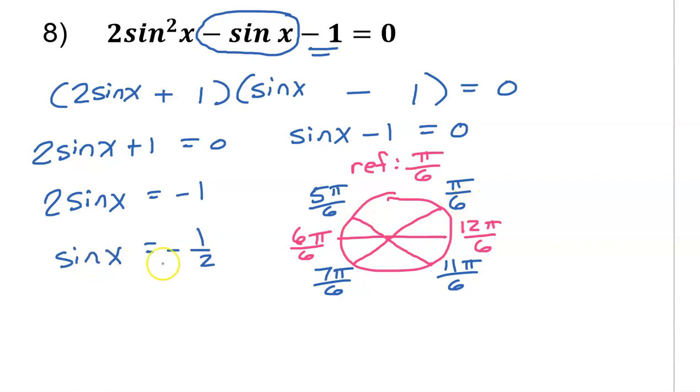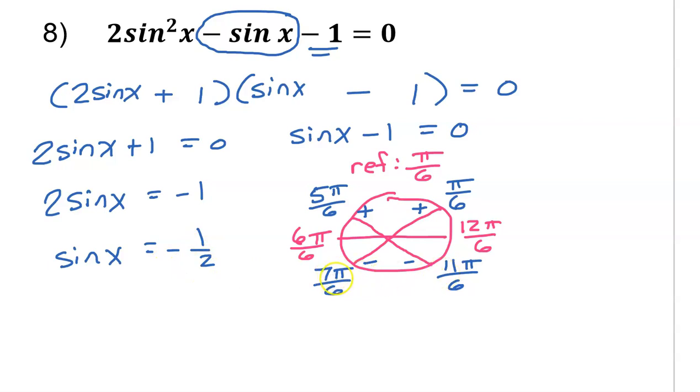So the sine of any of these angles will be 1/2. It's just that in the first quadrant and the second quadrant, we get positive 1/2. All right, sine is a y value. It's positive in these quadrants. And in the third quadrant and the fourth quadrant, we will get negative 1/2. In this case, we want sine of x to equal negative 1/2.